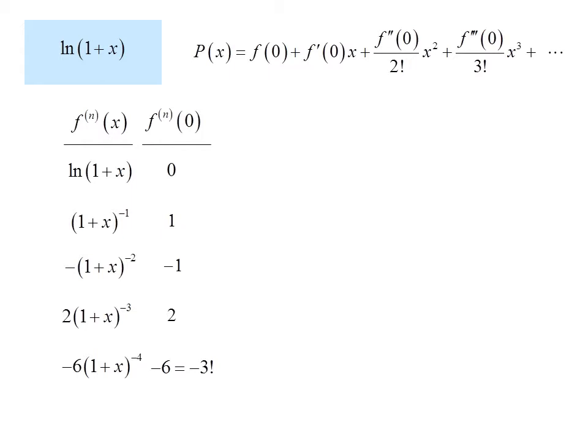Using these values in the formula for the Maclaurin series, we get ln 1 plus x equals 0 plus 1x plus negative 1 x squared over 2 factorial plus 2x cubed over 3 factorial plus negative 3 factorial x to the fourth over 4 factorial.